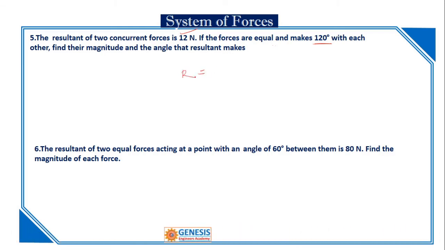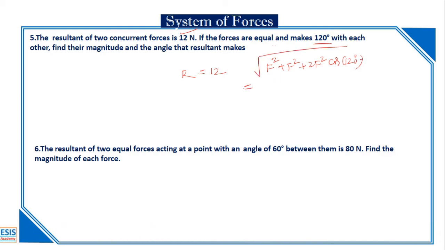And if you take this, R is the square root of F square plus F square plus 2F square into cos 120. Cos 120 means 180 minus 60, so it is negative. Then under root, it is 12. Am I right or not?